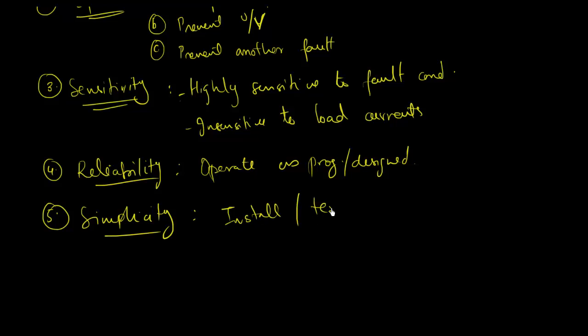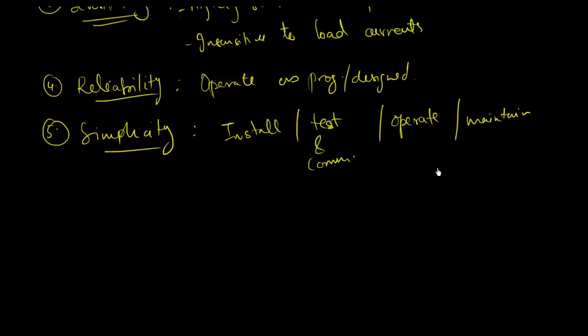You should be able to test and commission it. The operators, once the construction team's gone away, should be able to operate and understand your design, and you should be able to maintain your system. So all of these need to be kept in mind when you make a protection system simple enough.